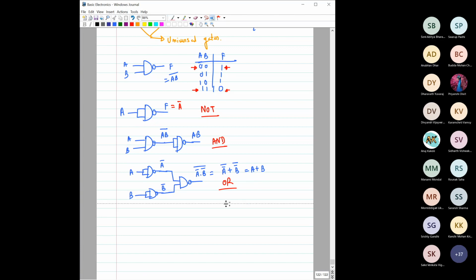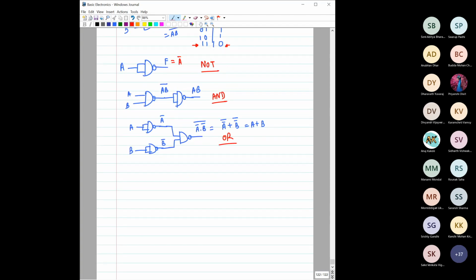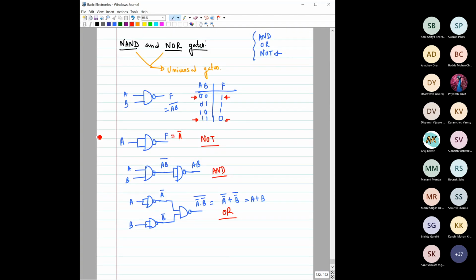So we can see that all three basic operations can be implemented by using only NAND gate, right? Similarly, you can use NOR gate to implement any of these basic operations.